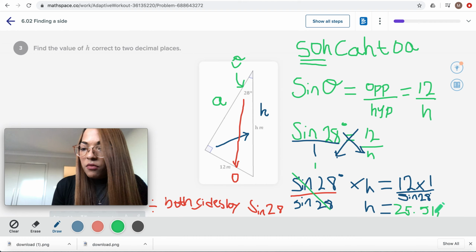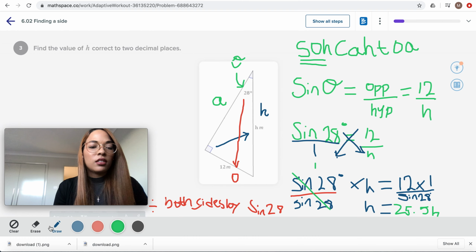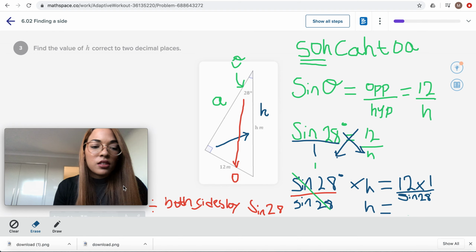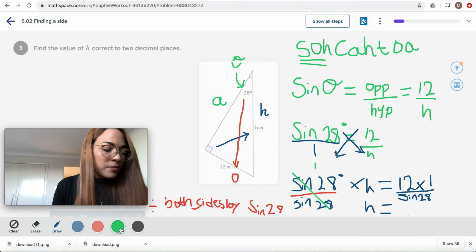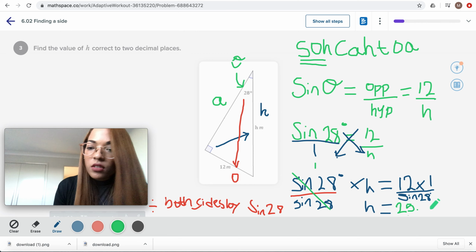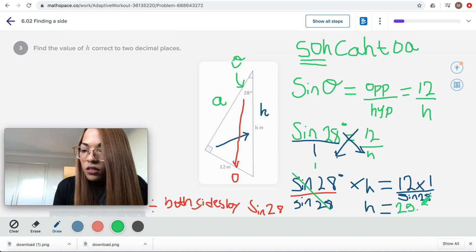25.56. So I may leave my answer as it is. Last try, I'll try to write this a little bit better so that you can see it clearer. 25.56.